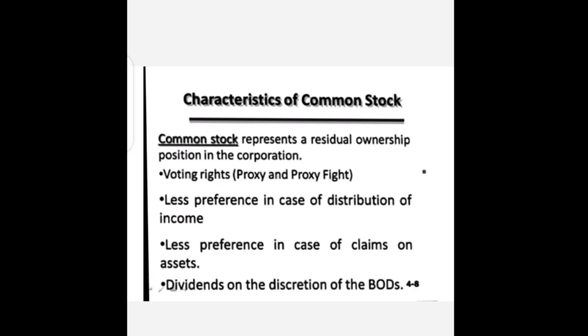Then dividends are at the discretion of the board of directors. When the board announces that it is providing dividends, they will be paid to the common stockholders. Otherwise, they will not be paid.